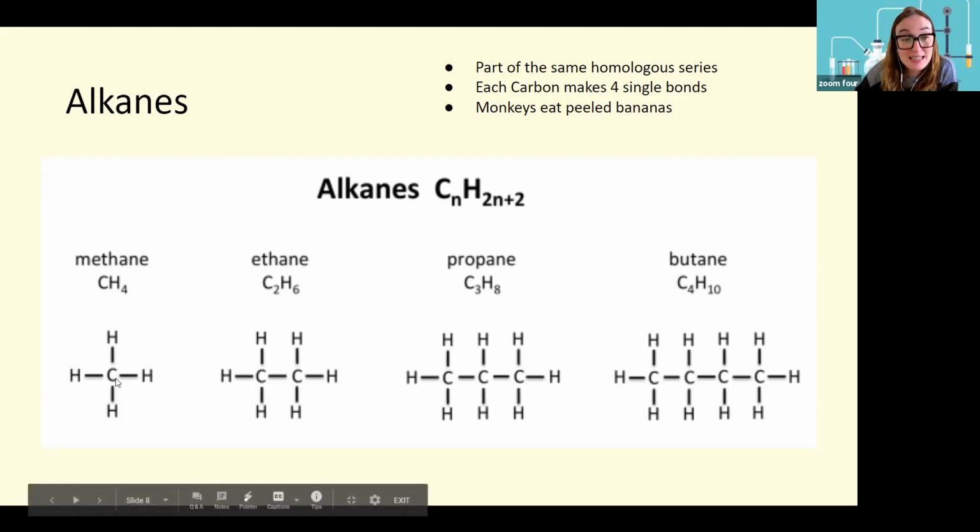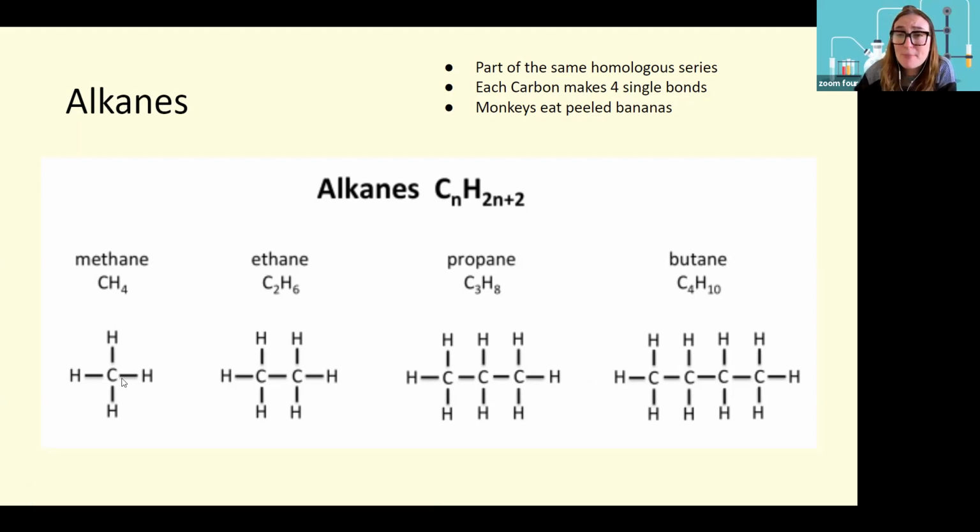Now, let's look at each of these carbons in the middle of each of these molecules. Each carbon makes 4 single bonds. Now, carbon can only make 4 bonds. It's the maximum number of bonds it can make. And in alkanes, each of those bonds is a single bond to another atom. We say that alkanes are saturated because they don't contain any double bonds.